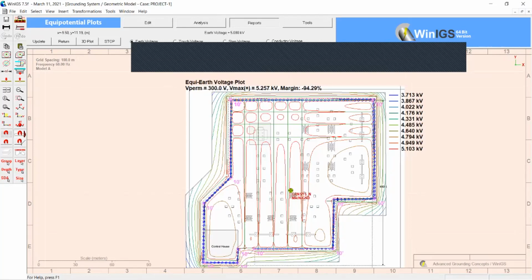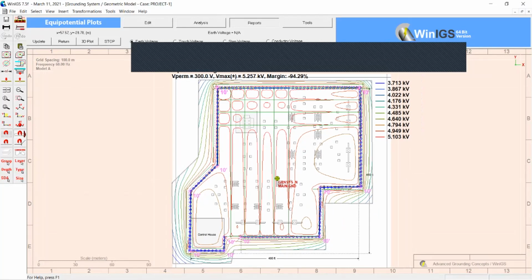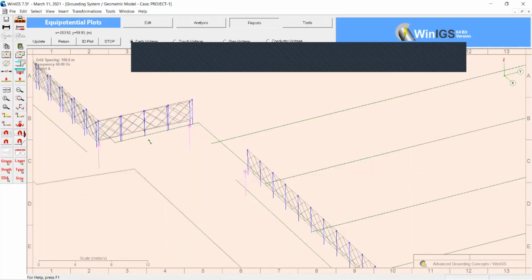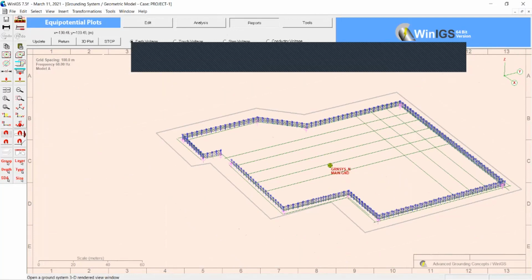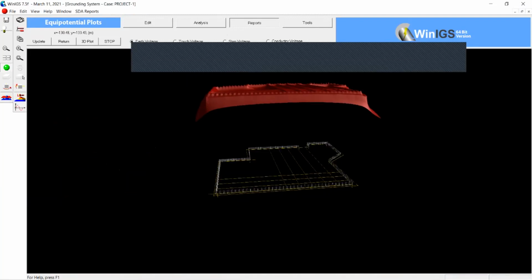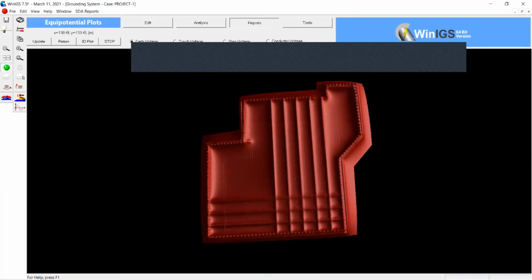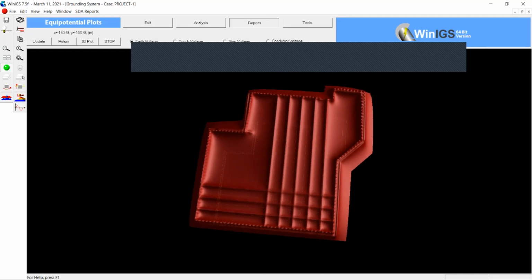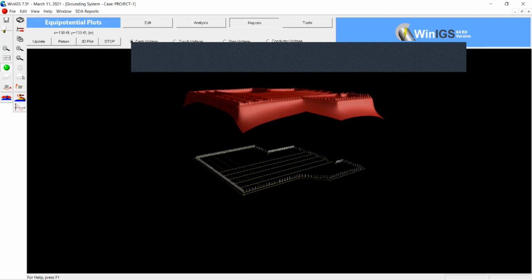All right, now this one you can look at differently. You could click on this one, and this will be the 3D view of your grounding grid.